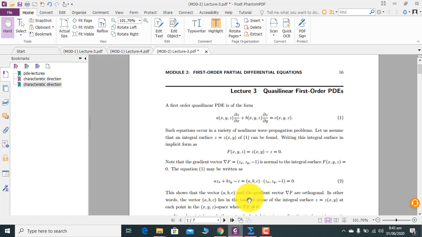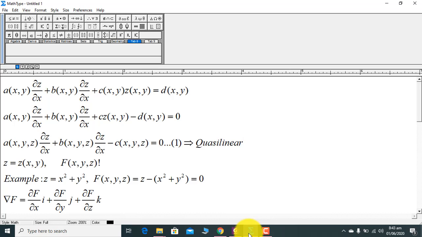Today we will try to study how we can solve this equation, but before that, let's name the solution of this equation, that is z, which is a function of x, y. So in general z is called the solution. For example, z can be any function of x, y, like z equal to x square plus y square.